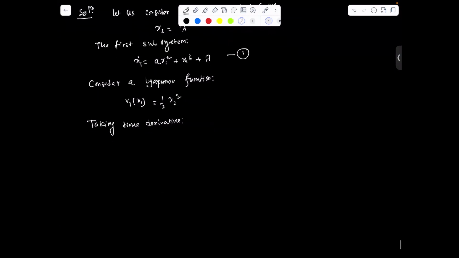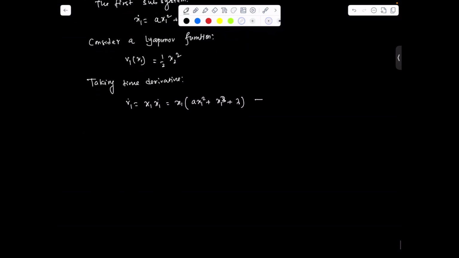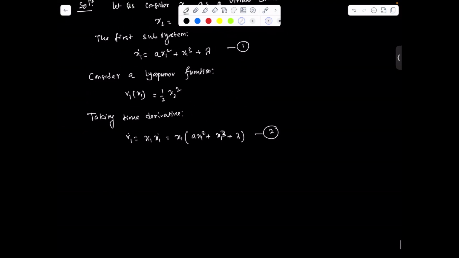And taking the time derivative, we have V1 dot equal to x1 times (a x1 square plus x1 cube plus lambda). Let us define this as equation number 2.